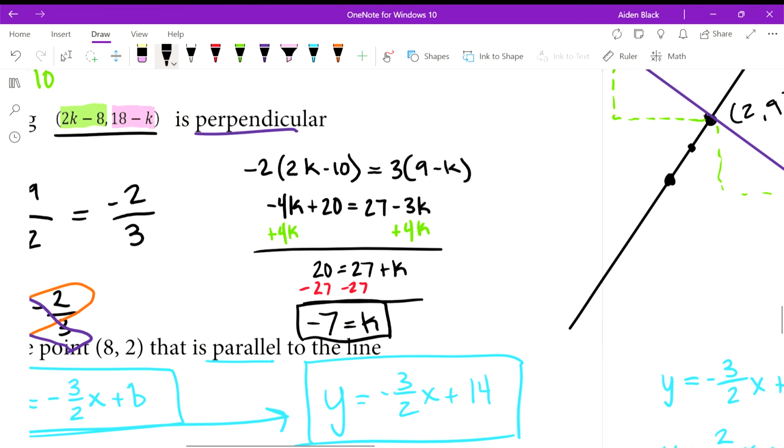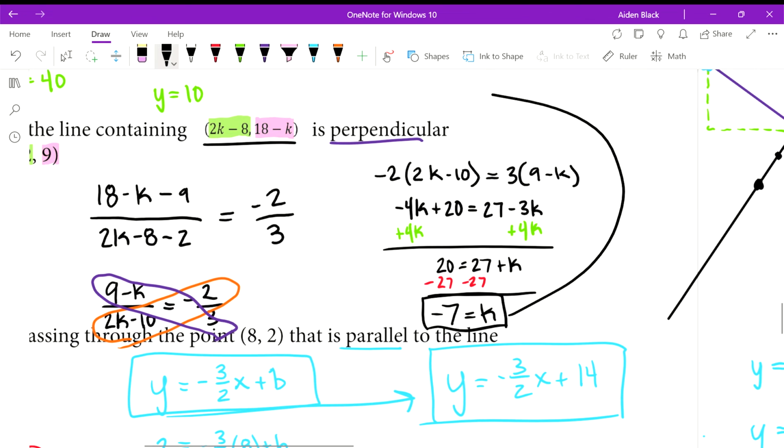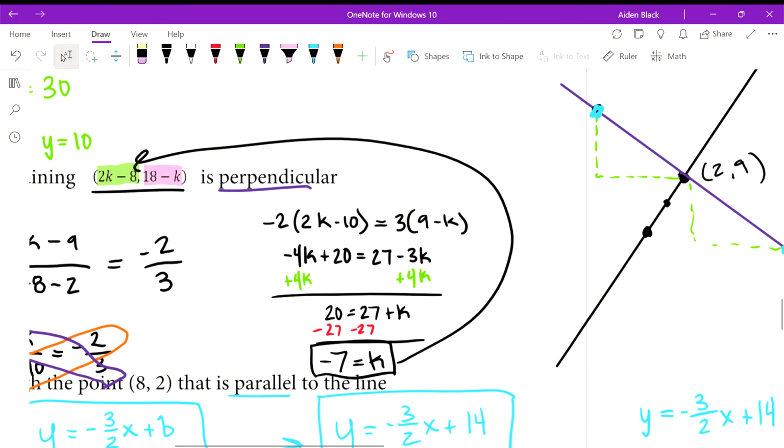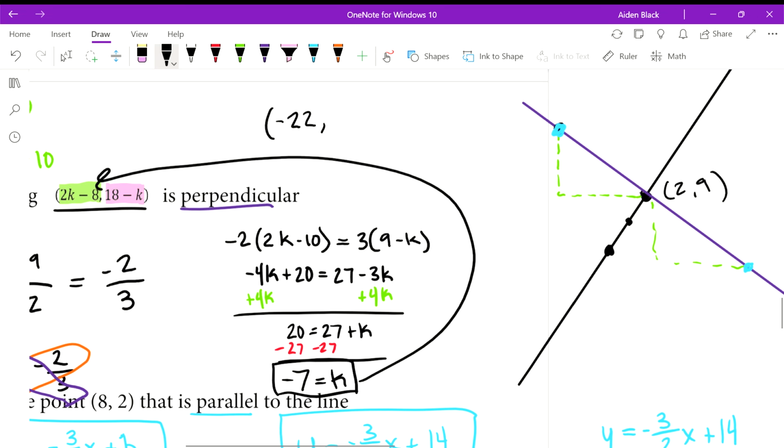So if you actually plug this in into here, you would find that coordinate. Let's do it. So we know it's 2k, so 2 times -7, which is -14, minus 8, which simplifies to -22, and then 18 - k, so that would be 18 + 7, which would be 25.